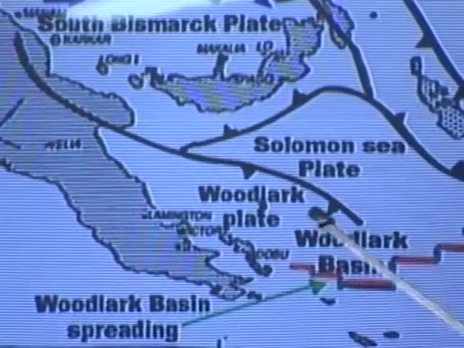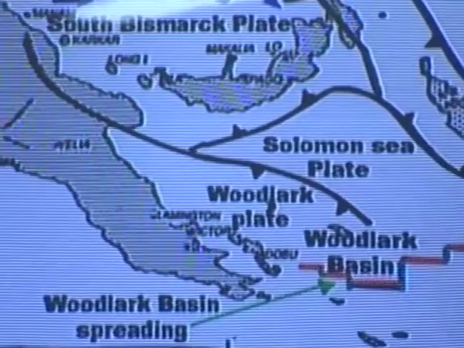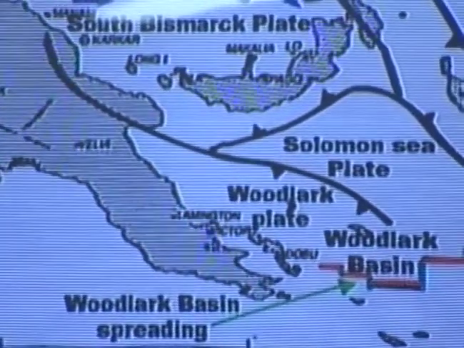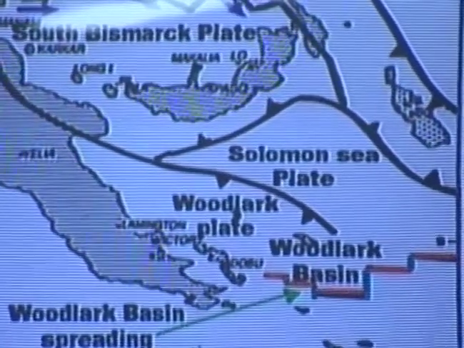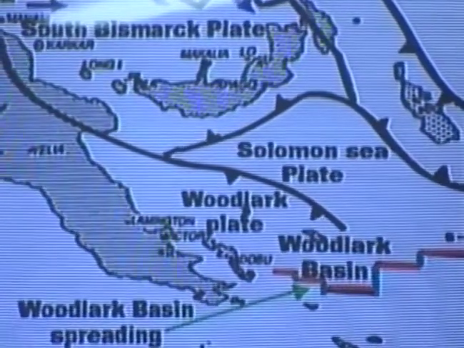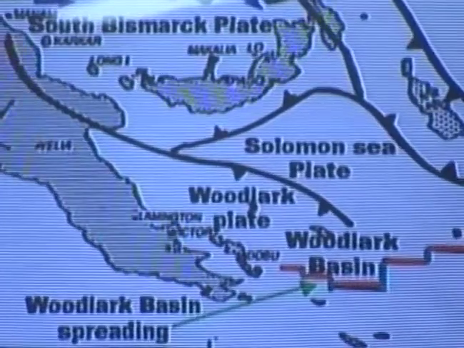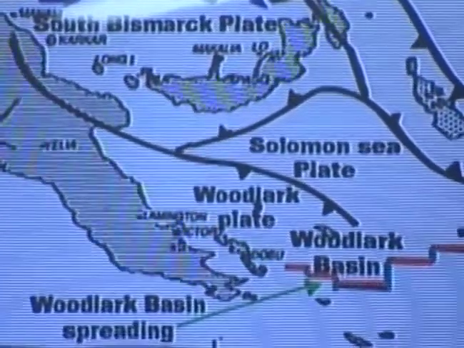So this whole area here, on the Woodlark plate, we have the Woodlark Basin. There is also another important point we need to include for that particular plate, and if you look at the last paragraph of the third lot of readings we've looked at.